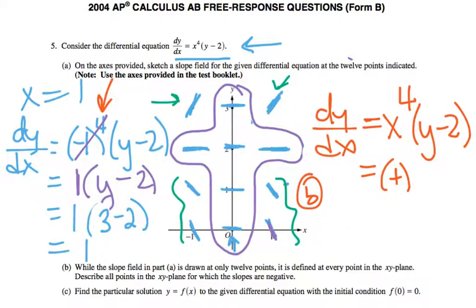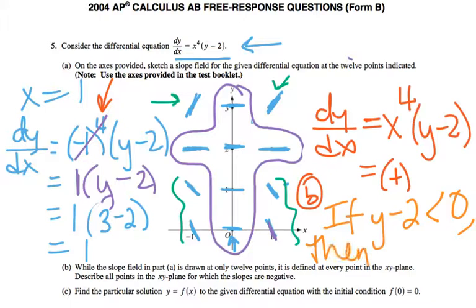If y minus 2 is negative, or less than 0, then dy dx, or the slope, will be negative.